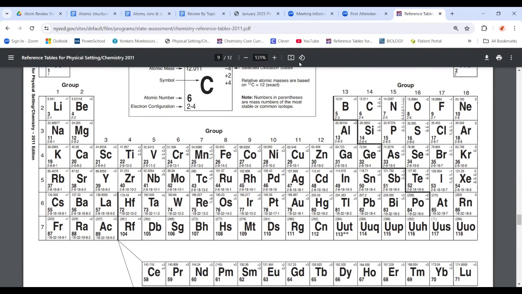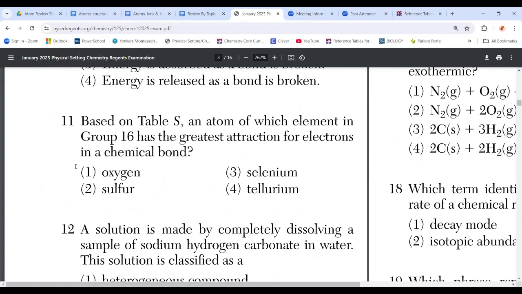So knowing the trends allows me to knock it down to just two of these. If I really want to go back and look it up on table S, I only have to look up sulfur and oxygen. And I'm not going to look up selenium and tellurium because they're just too far away from fluorine to be candidates. All right, so I'm going to say the answer is oxygen.